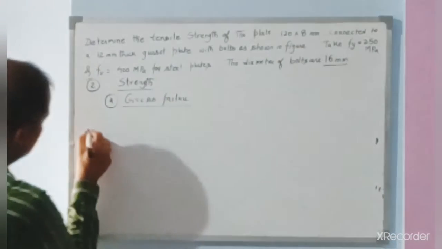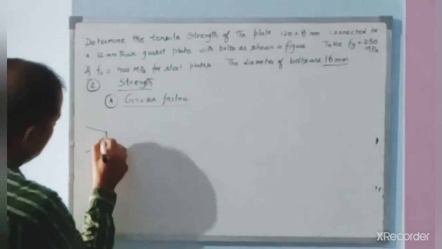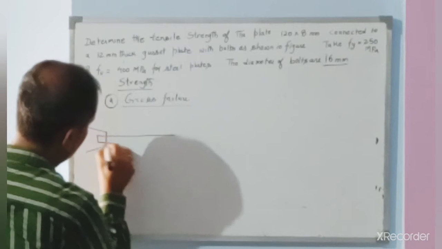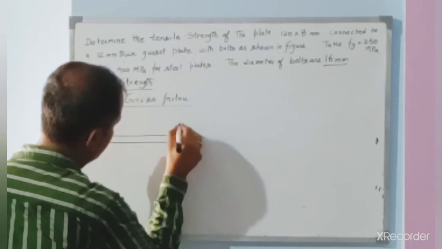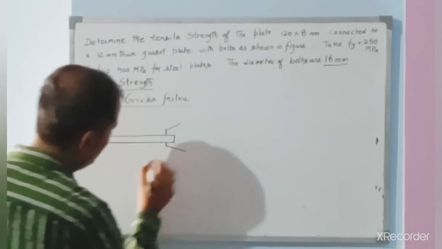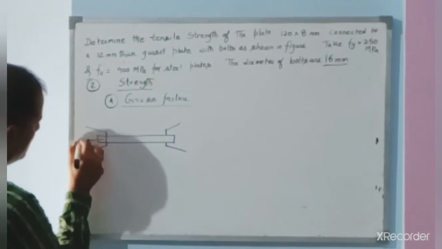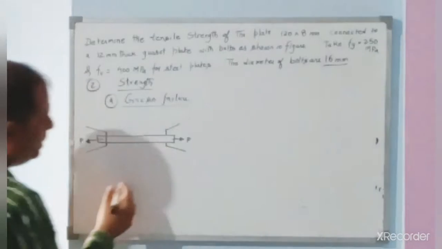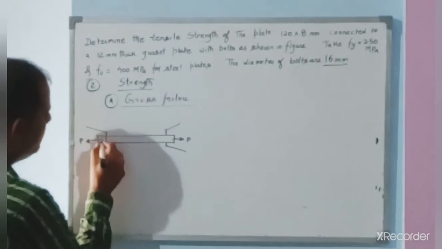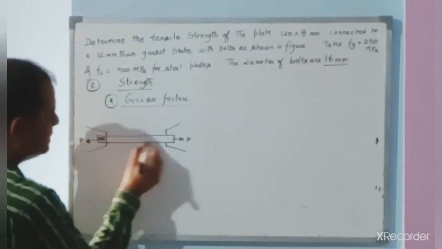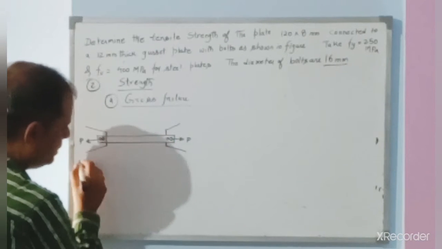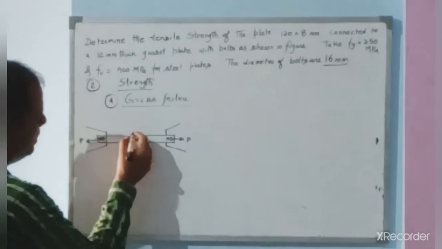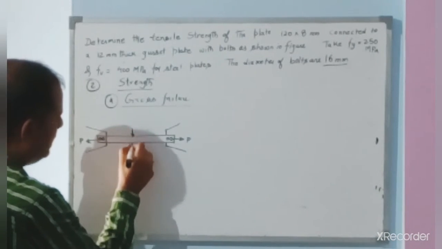Gross failure means the member which is connected with the help of gusset plates is going to fail in between. Here the connections are made. It is, for example, going to fail in between the section like this.